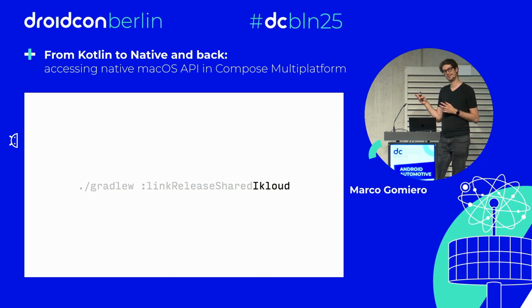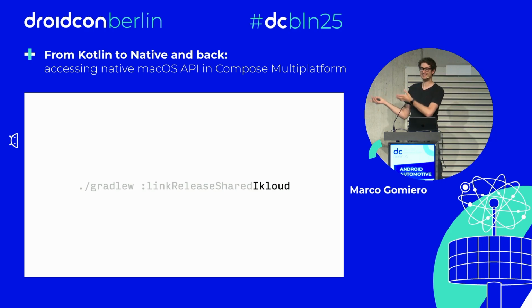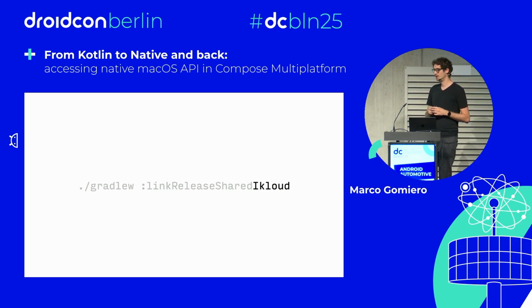If you have a library with another name, which you probably are going to have, then the suffix is the only thing that will change. And it will change based on the name that you gave in the Gradle configuration. There's also a linkDebugSharedICloud if you want to build with the debug symbols for debugging. But in this case, we're going directly with the release one.